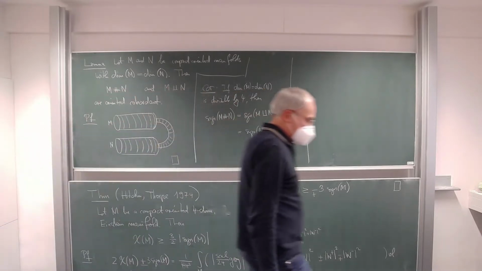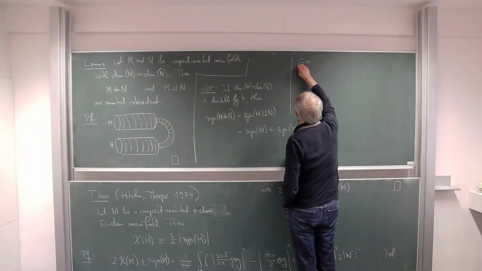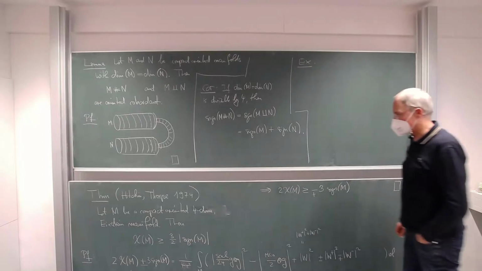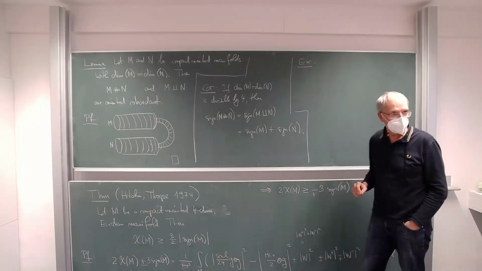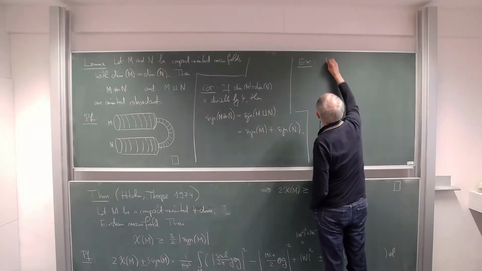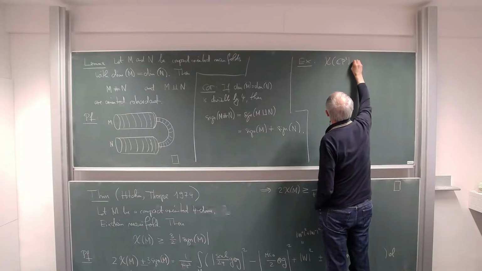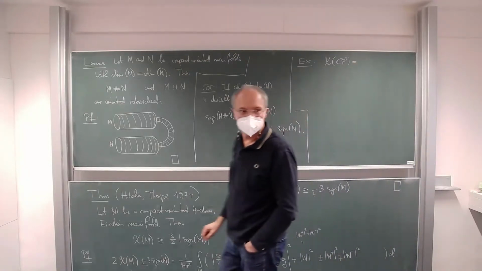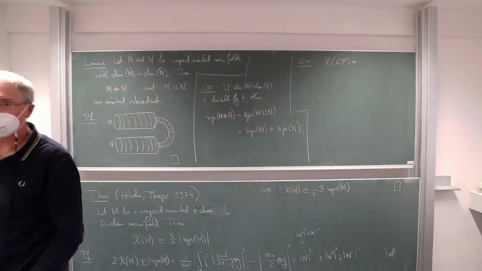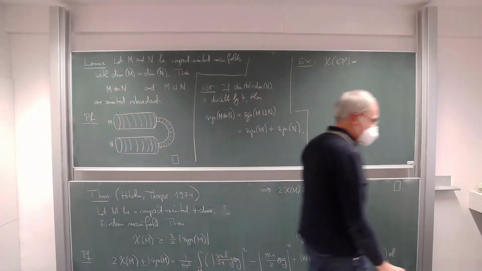And okay, now we can look at an example. So let's, as a starting block, start with our favorite four-manifold, namely CP2. The Euler number of CP2 is what? Generally, the Euler number of CPn, what is it?